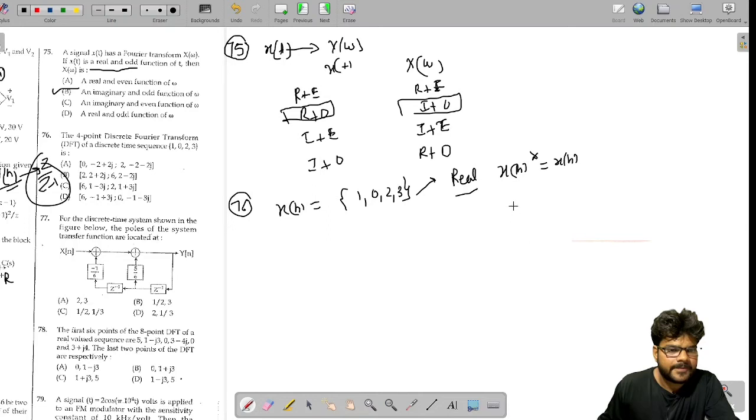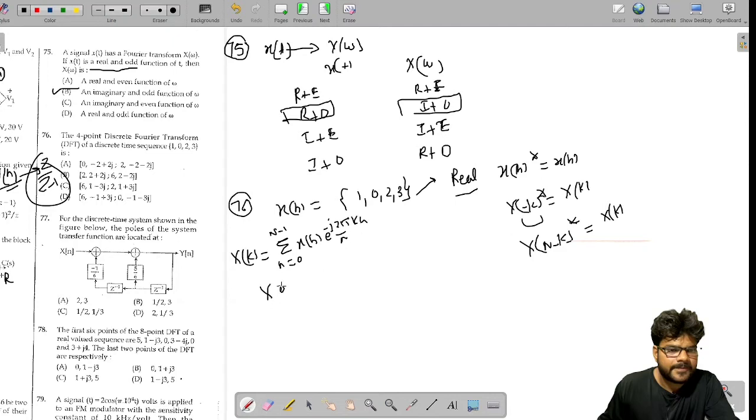Then if we take its DFT, then X of minus k conjugate will be X of k, and this is periodic with n, so we can write X of n minus k conjugate will be X of k. We know that X of k equals summation n equals 0 to n minus 1 of xn e to the power minus j 2 pi by n kn.